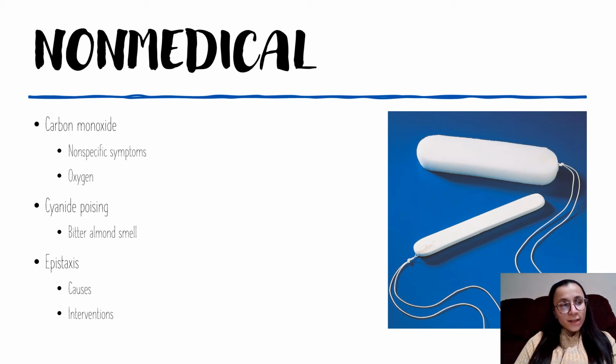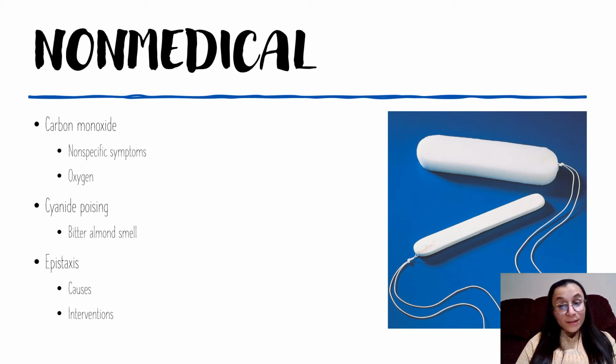Okay, carbon monoxide. So carbon monoxide actually binds to hemoglobin, so the oxygen can't bind, which is why you'll have like 100% O2 saturation, but really they're hypoxic. So carbon monoxide can be from the burning of fuel in a poorly ventilated setting, or from smoke inhalation from a fire.